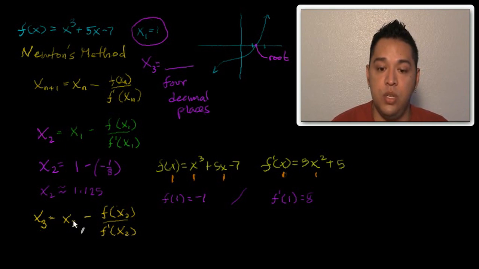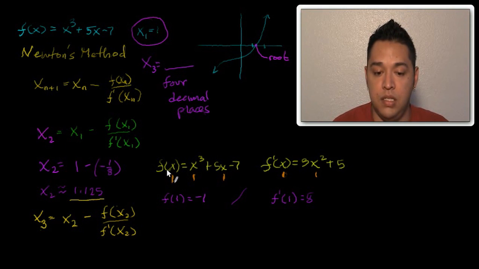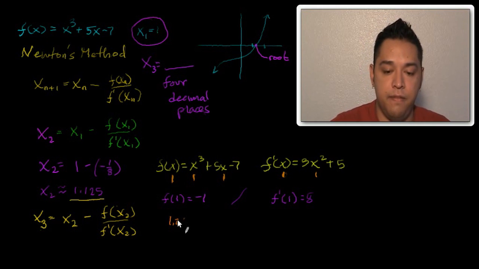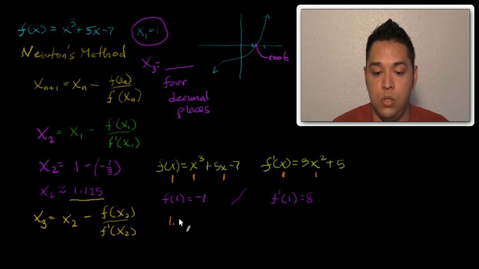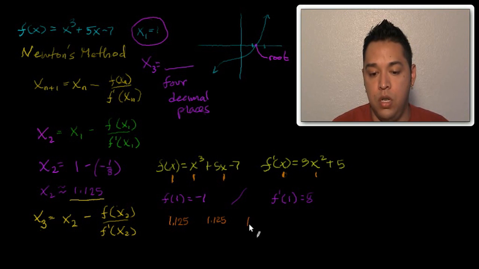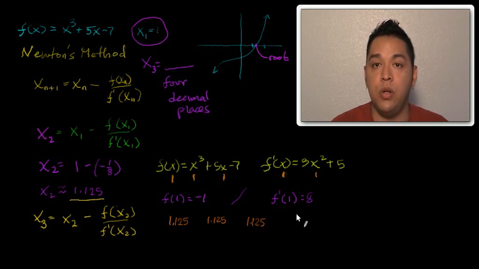Well, what is x sub 2? I know what x sub 2 is. It's this number right here. So that's what's going to go into my f of x. Instead of plugging in 1, I'm going to plug in 1.125. And I'm also going to plug that 1.125 into the derivative.